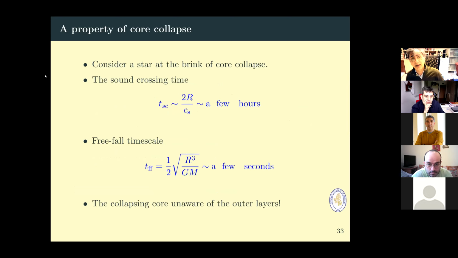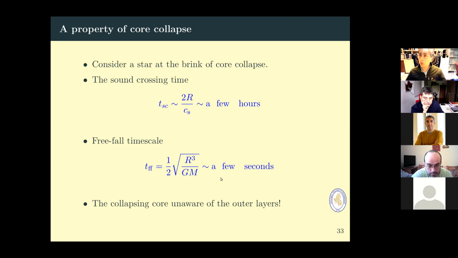Consider a star at the brink of core collapse. The sound crossing time for the object will be twice the radius divided by the sound speed, and this is about a few hours. But the free fall, the collapse, happens within seconds.